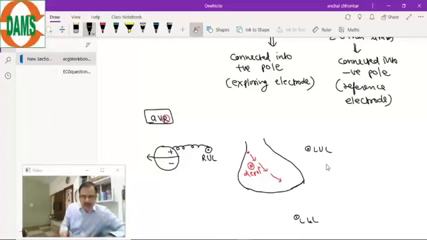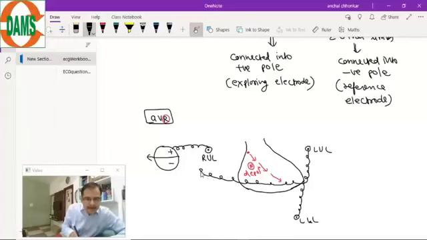We'll take a wire from the left upper limb and a wire from the left lower leg. Join these two wires, and the common wire will go to the negative pole.